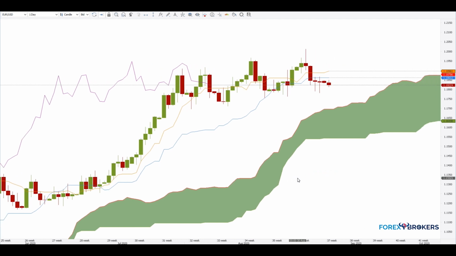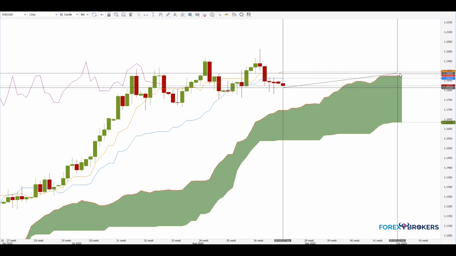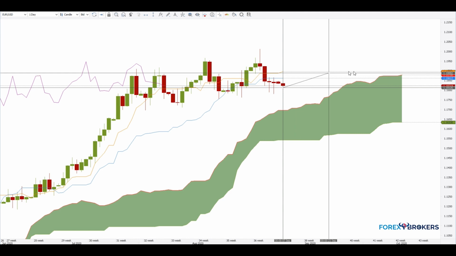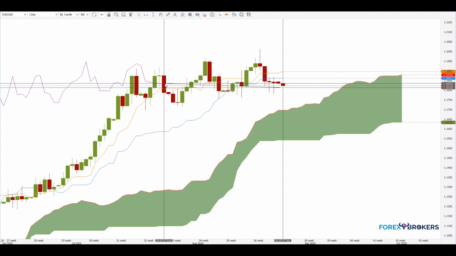So that's the main story behind this cloud. When you trade with Ichimoku, consider that the indicator shows an equilibrium stance between future prices and past prices. The future prices are represented by the Kumo or the cloud. Past prices are represented by the Kinko.